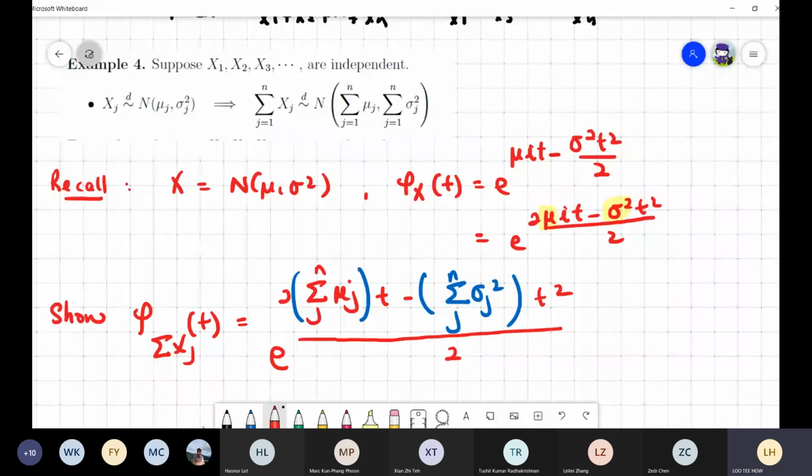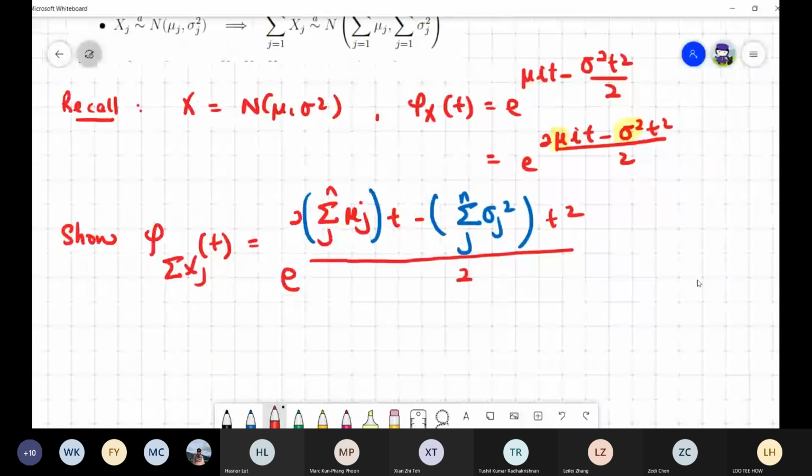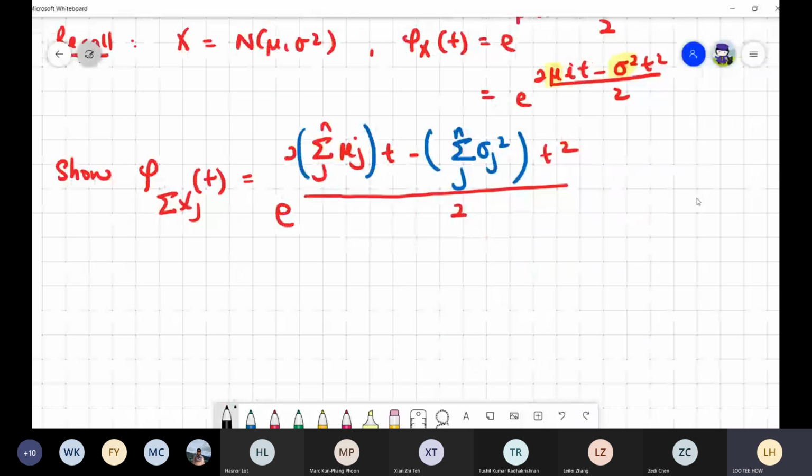Once we are able to prove that the characteristic function for the summation of xj, j running from 1 to n, is given in this pattern, then we can get this conclusion. This is one of the applications for these formulas. Now let's look at the solutions for it.